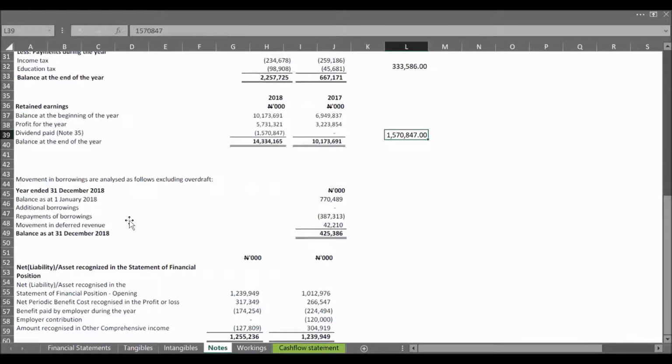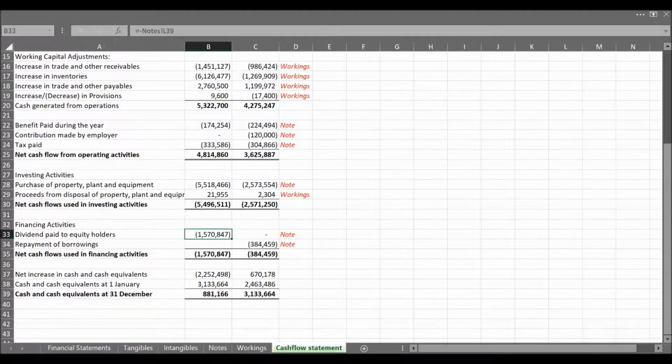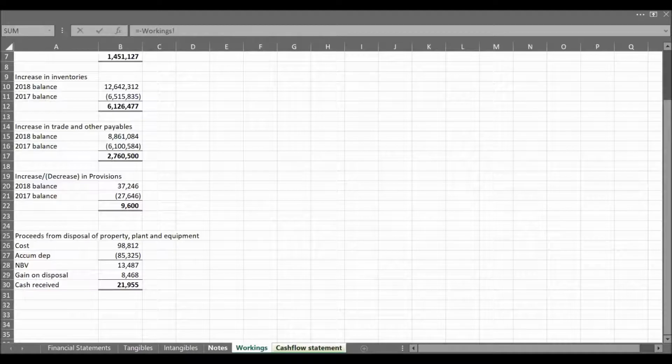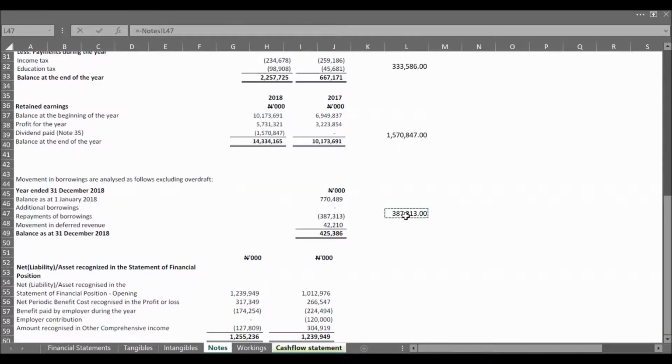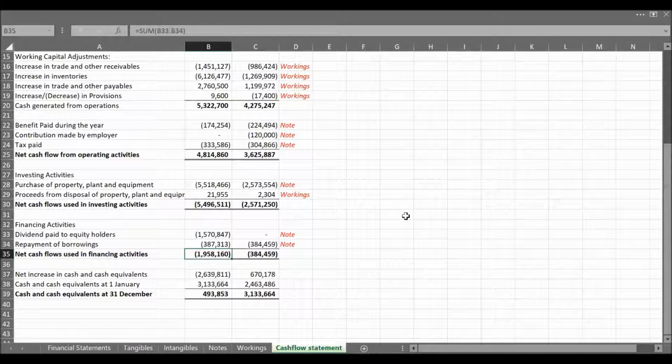Rather, there was a repayment of borrowings, which is 3,87313. So this would be an outflow in the cash flow statement. So I'll come here, equal to minus, pick this from the notes. All right, so this is the net cash flows used in financing activities.